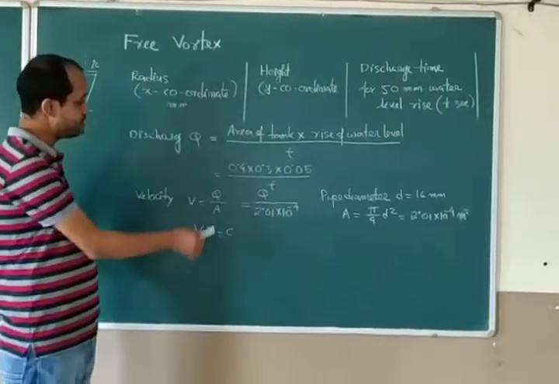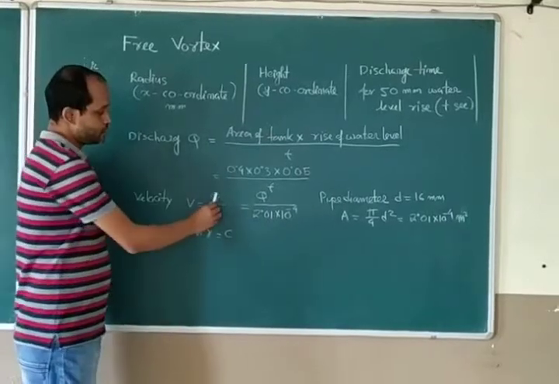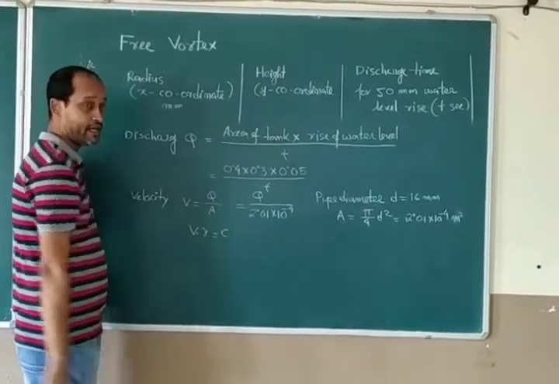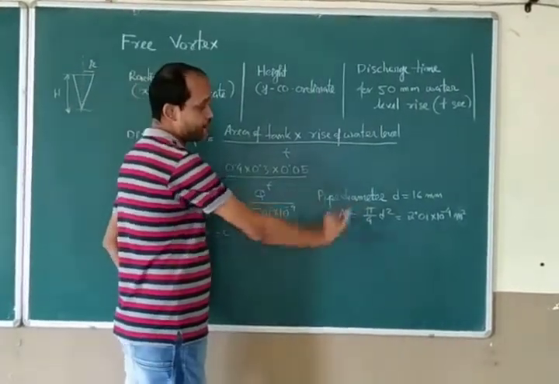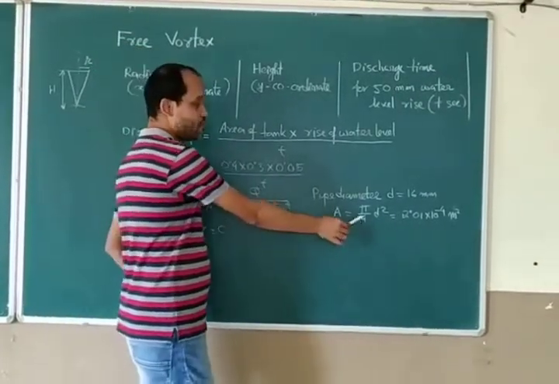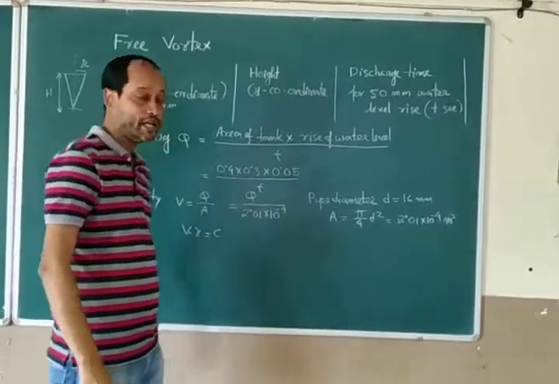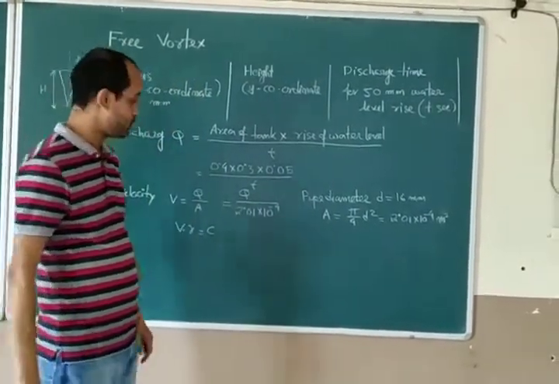After that you can easily find out the velocity of the water. This velocity can be given by discharge divided by area of the pipe. The pipe diameter is given as 16 mm. By using the formula pi by 4 d squared, you can easily find out the area, which is 2.01 into 10 to the power minus 4 meter squared.